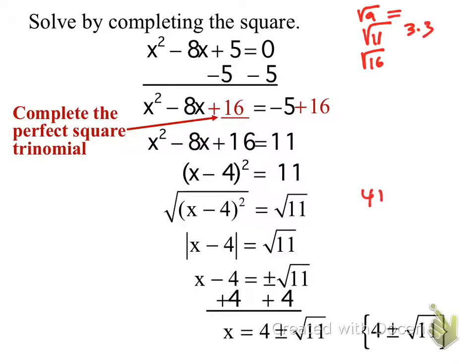So that's 4 plus or minus 3.3, 7.3 or 0.7. Do you see how I estimate it? But if they don't ask you to, don't do it. There will be plenty of estimating in the next couple weeks, but don't do it tonight, because leaving it under the radical, unless it's asked for, is more accurate.